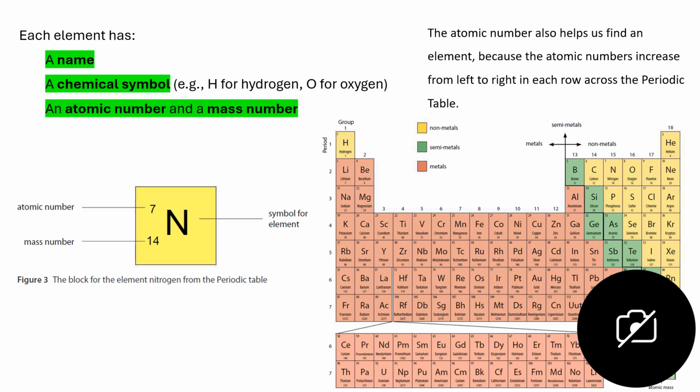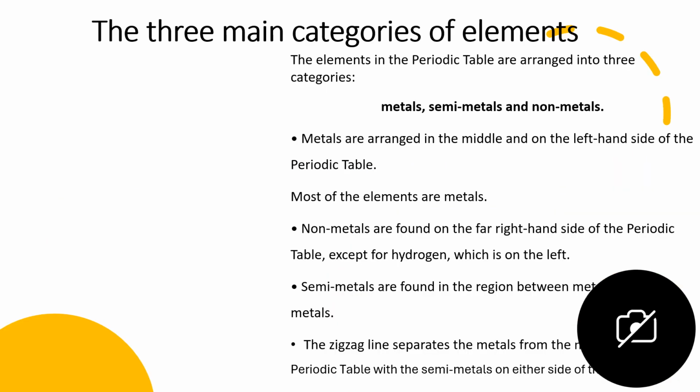Now this block shows you the element for nitrogen that is in the periodic table. Right. So the three main categories of these elements, as I said before, are metals, semi-metals, and non-metals. Metals are arranged in the middle from left to right, which I showed you.